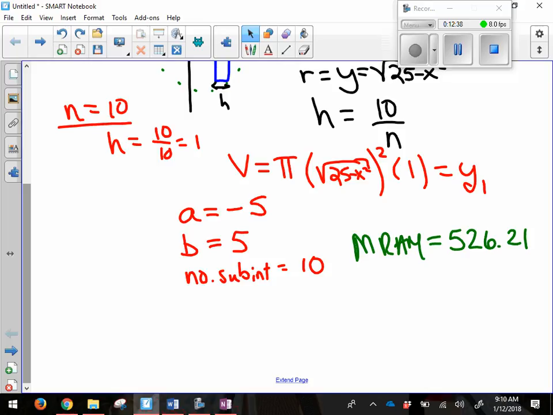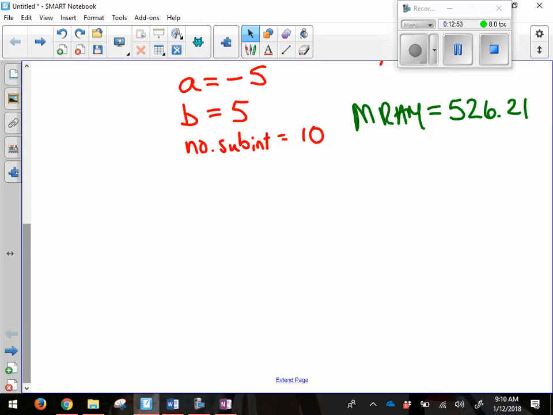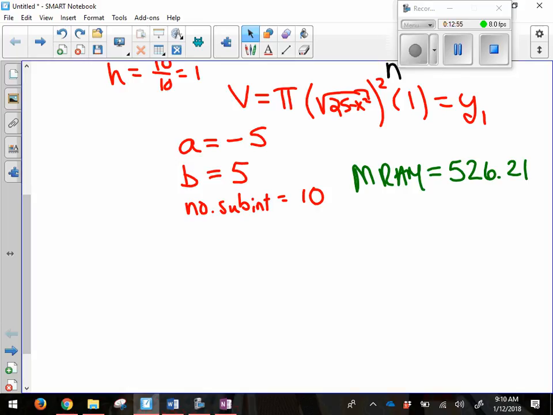But let's try another one and just see if our way of dealing with h is correct, because there's a little table in the back. So let's take n equals 20, because that's the next value we're supposed to choose, right?